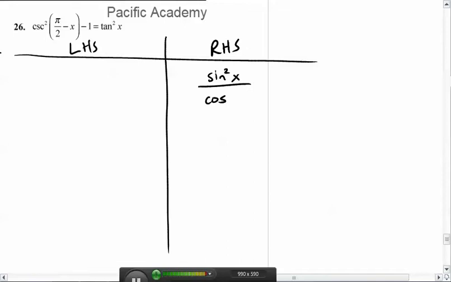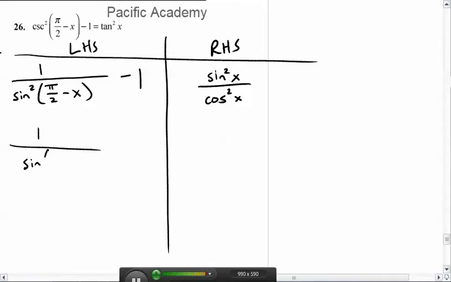Tangent squared is sine squared over cos squared. Cosecant squared is the same as 1 over sine squared of x. And 1 over sine squared is really the same as 1 over sine pi over 2 minus x, all squared, and then minus 1.